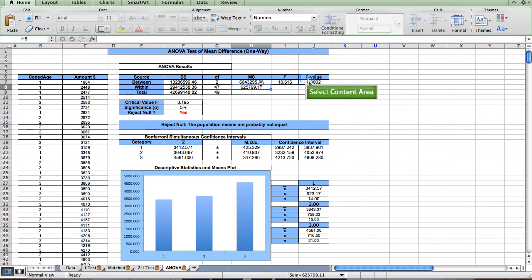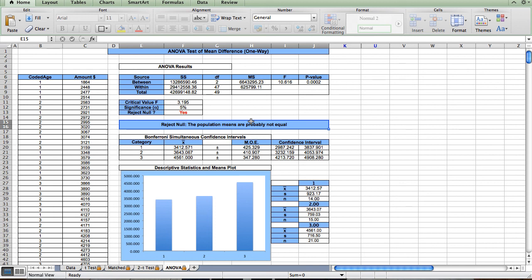This is the exact same concept that we use in something simple like one sample t-testing. The p-value that I get from the F distribution here is quite strong, 0.0002, which is clearly less than 5%, so I strongly reject the null that all of the population means are equal.